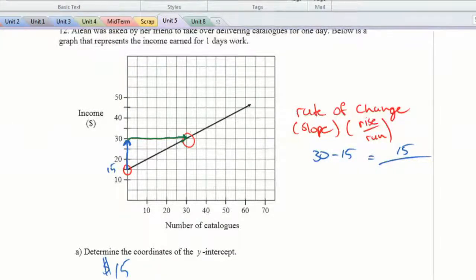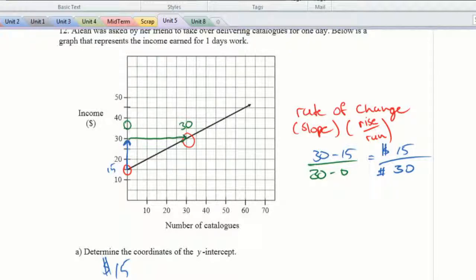Well, I started at 0 and I went all the way to 30. So my run is 30 minus 0, which is just the same as 30. So this is my dollars on top, and then I have the number of catalogs on the bottom.